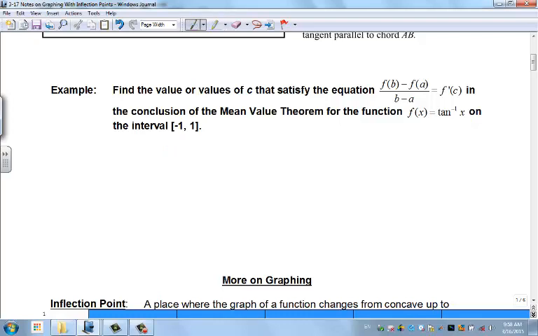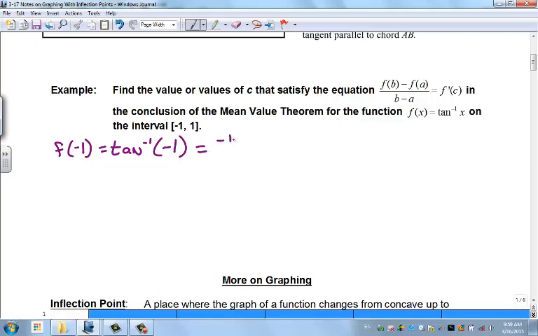So first we have to find the slope between negative 1 and 1. So to find the slope, we have to find the 2 points. This is x equals negative 1, so f of negative 1 equals the tan inverse of negative 1, which I know you all must have memorized.